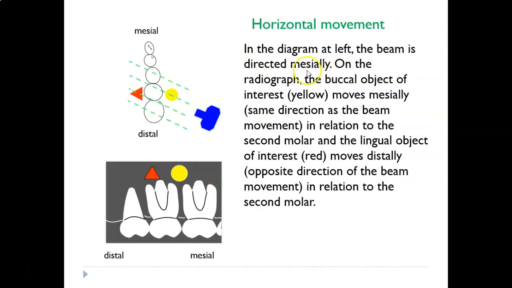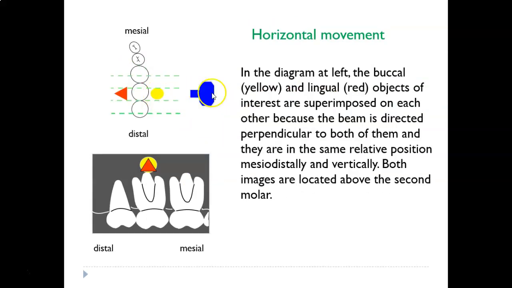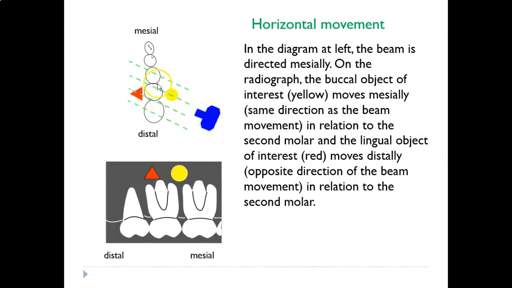In the diagram to the left, the beam is directed more mesial. So here we've changed our horizontal angulation from going straight through the contacts to going more mesial. We've changed our BID, so our central ray, our primary beam, is going more mesial than it was before. Notice what happened. The object that's on the buccal headed more mesial, and the object that's on the lingual headed a little bit more distal.